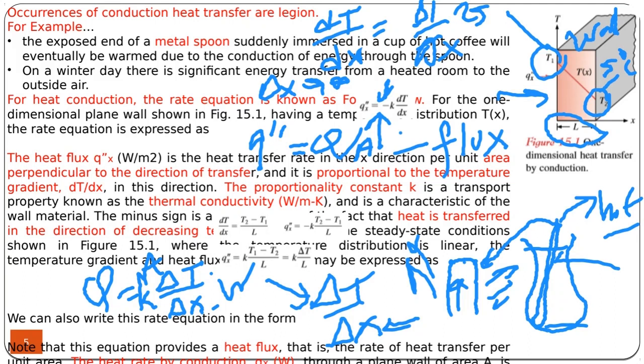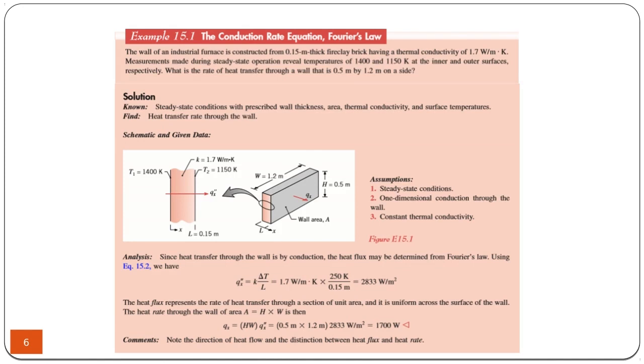A very simple example. There is a wall of 15 centimeters, a regular wall. It looks like an oven wall because inside the oven is 1400 Kelvin, outside the oven is 1150 Kelvin, and the thermal conductivity of the wall is 1.7.